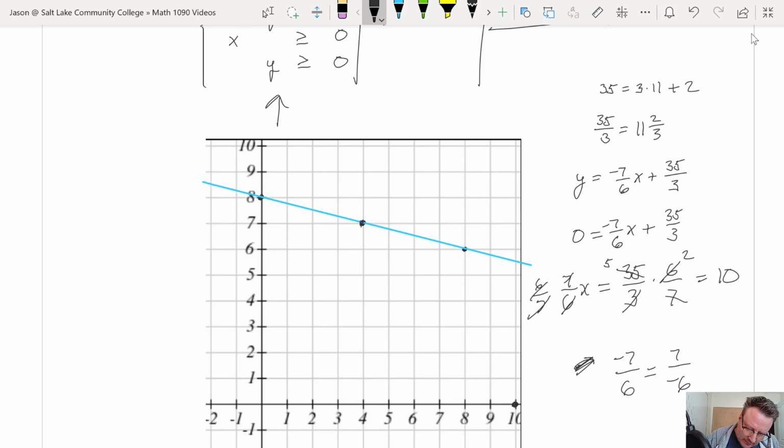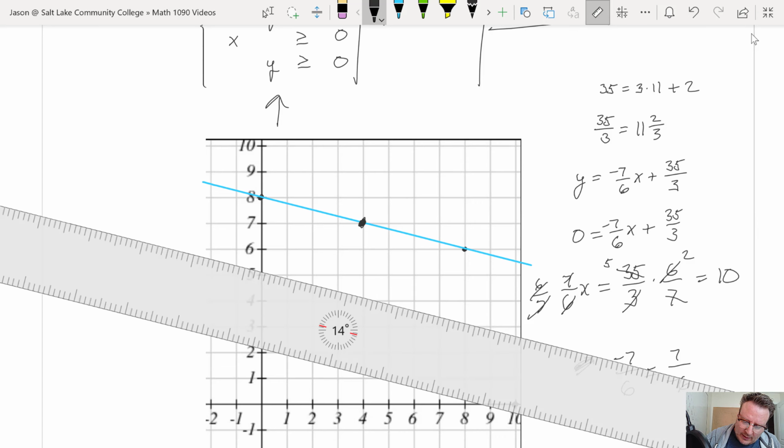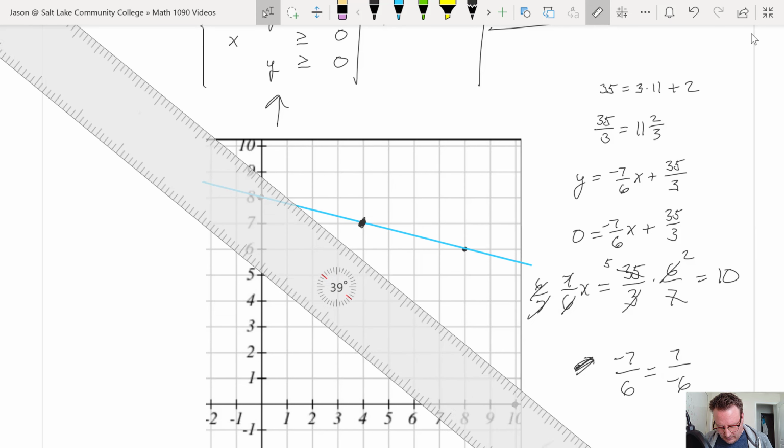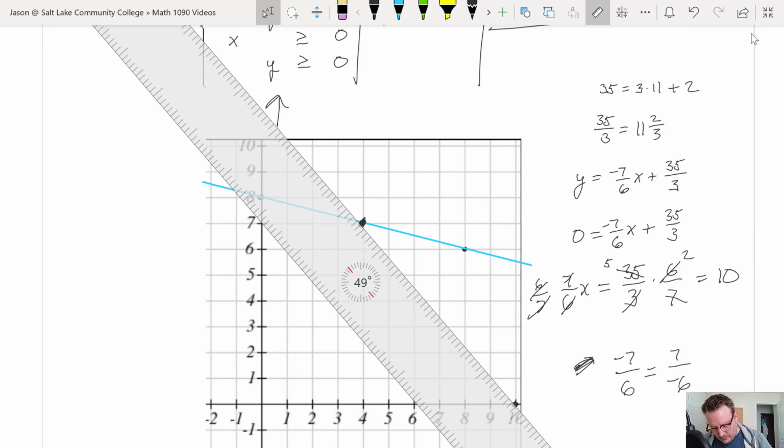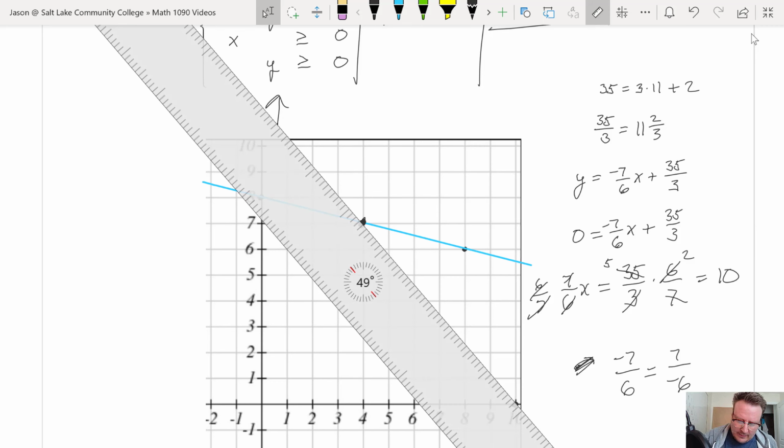Oh, that puts me right here on this point, at the point 4, 7. Okay, so now I have 2 points that I know are on the line. I can connect them with a line, and I'll use a green line for this one. I want to connect these 2 points here. Close enough. And this is also a non-strict inequality, so I'm going to use a solid line.